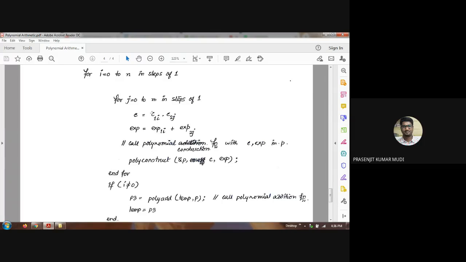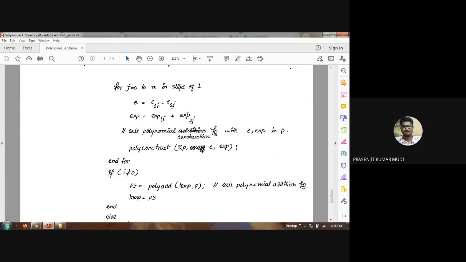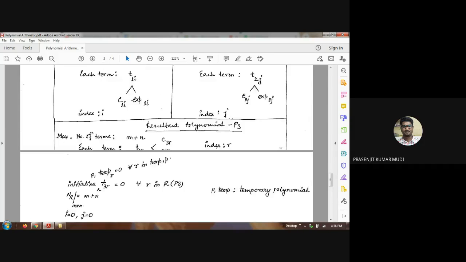So in the nested for loop, what we are doing? We are multiplying c1i and c2j, the coefficient of the ith term in the first poly and the coefficient of the jth term in the second poly. The product of these coefficients is the resultant coefficient. And then exp1i plus exp2j. How do we multiply two terms?